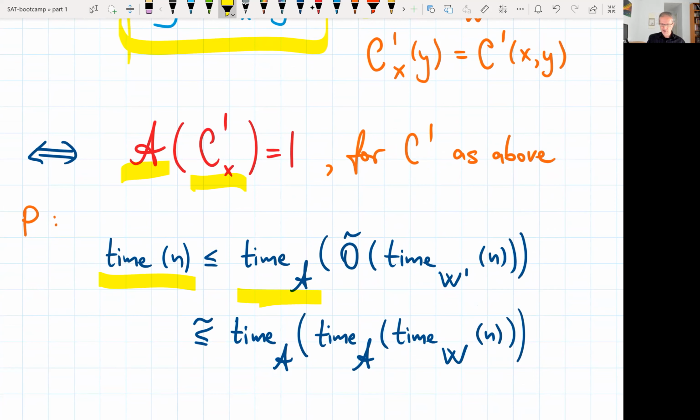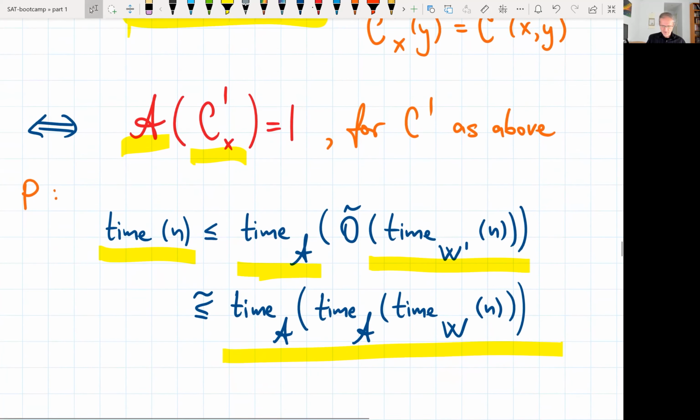What's the size of C prime? It's roughly the time of the procedure W prime that C prime came from using Cook-Levin's reduction. And by plugging in what time of W prime was from earlier, we get that we can replace time W prime with time sub A of time sub W of n.